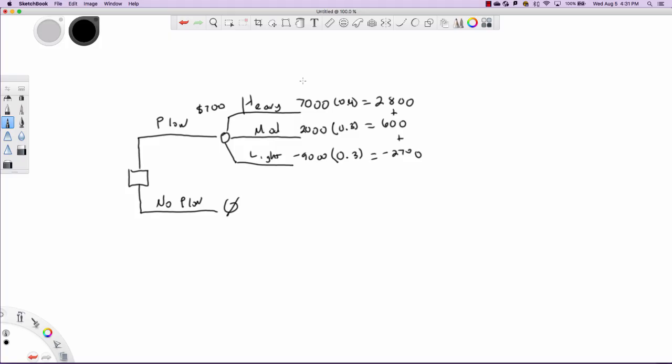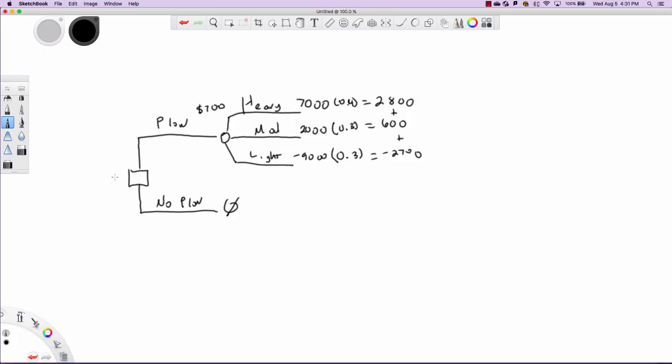And then, okay, well, what decision do we make? Do we buy a plow? Do we not buy a plow? Well, according to this decision tree and our estimates here, we are comparing a positive $700 versus $0.